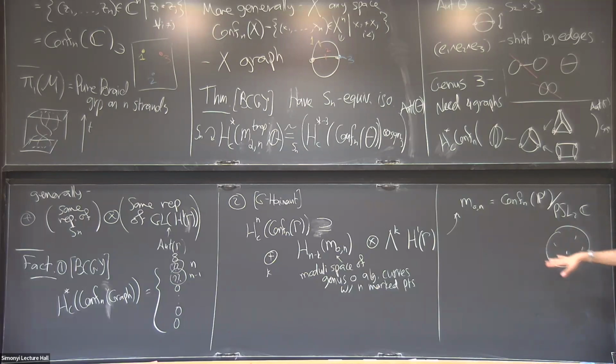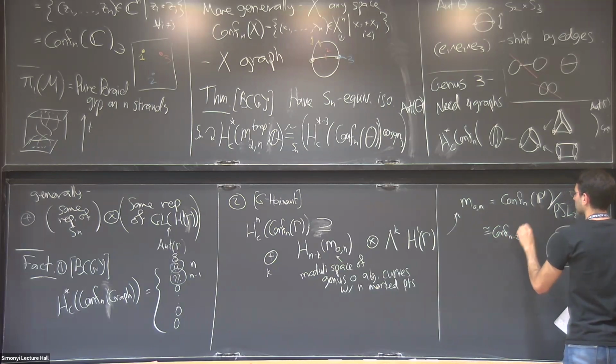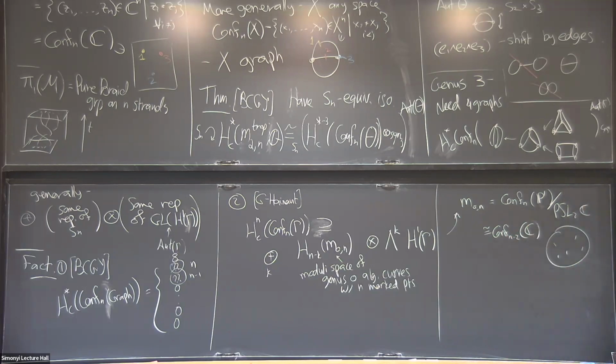Then you have n minus 1 points in the ambient plane, and you can use the two-transitivity that's left over to put one at 0 and one at 1. So this is isomorphic to the configuration space of n minus 3 points in the complex plane, and this is realized as a hyperplane complement. So again, if you know the cohomology of hyperplane complements, you know the cohomology of this space. But you might think that this should have an action of S_{n-2}, but it actually has a much larger action of S_n that mixes up the hyperplane complement structure.